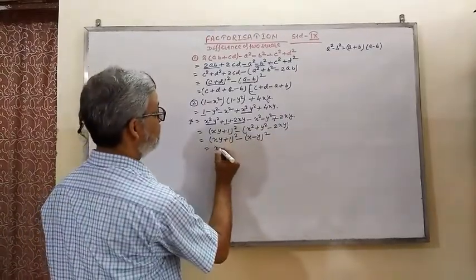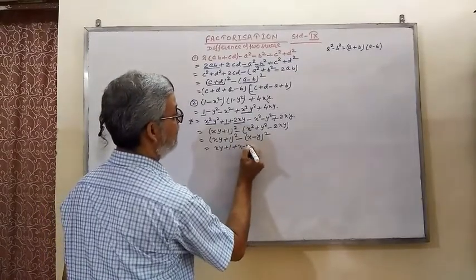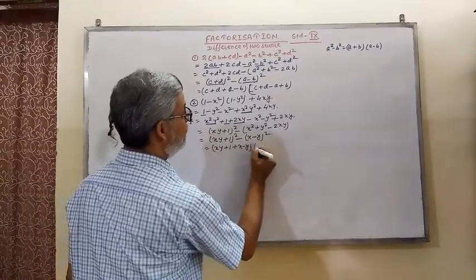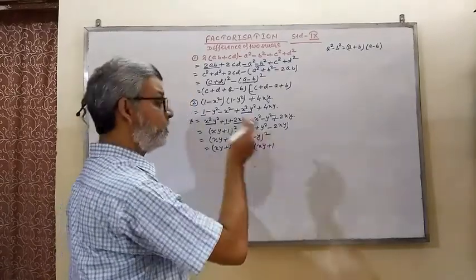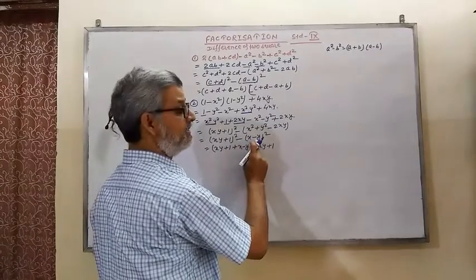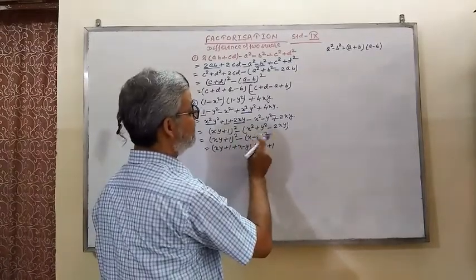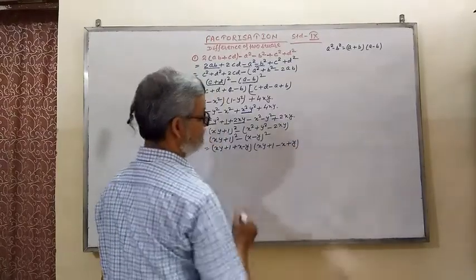So a means xy plus 1, b means x minus y: (xy plus 1 plus b) into (xy plus 1 minus b). So minus bracket x minus y. When you remove this bracket x minus y, then it will be minus x plus y.